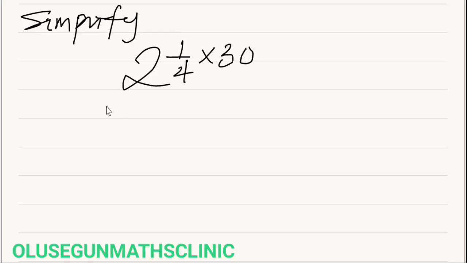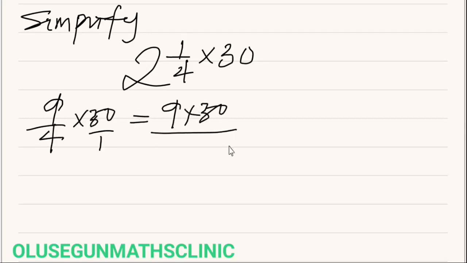As I've said earlier, you convert it to an improper fraction: 4 times 2 making 8, plus 1, so 9/4 times 30/1, which is equal to 9 times 30 all over 4 times 1, which is equal to 270/4.